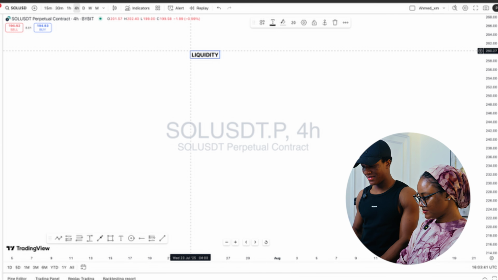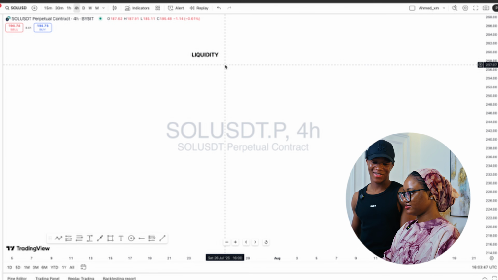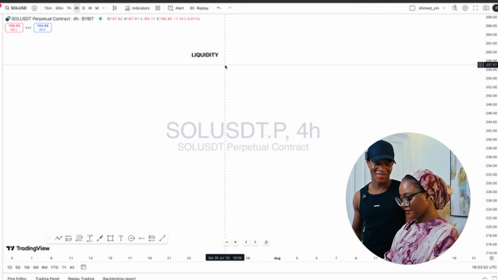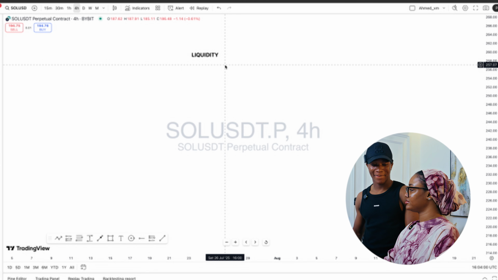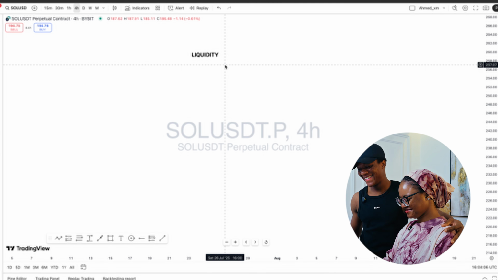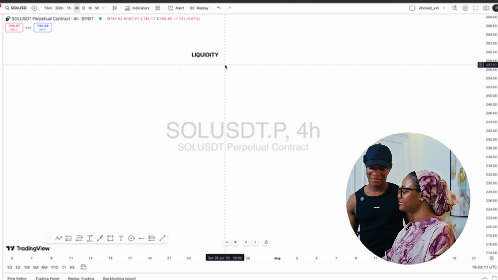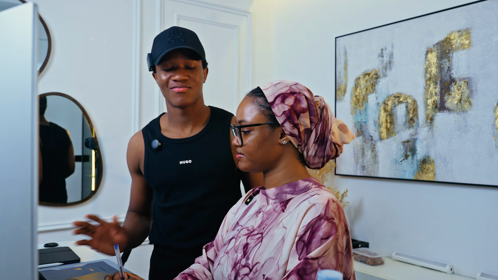Liquidity. Once a layman hears the word liquid, what comes to mind? If people in finance, economists, bankers, traders hear the word liquidity, what comes to their mind first?